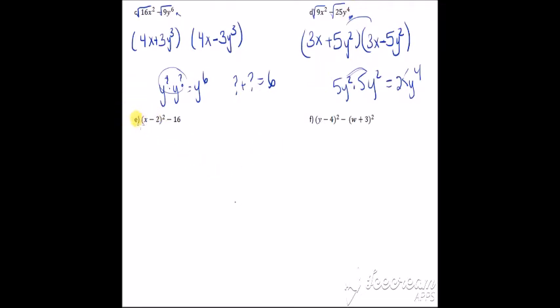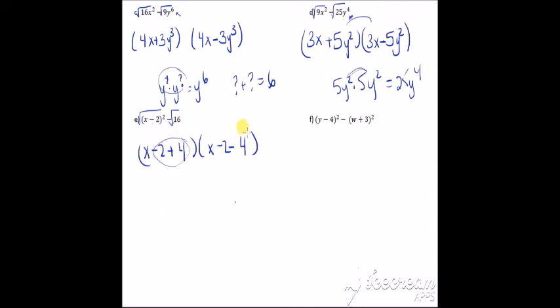Okay, so we saw this in the first one. Can we root (x minus 2) squared? Yeah, well, it's x minus 2. So that's going to be the leading expression in both brackets. One's going to be plus, one's going to be minus. Now the 16, plus 4, minus 4.